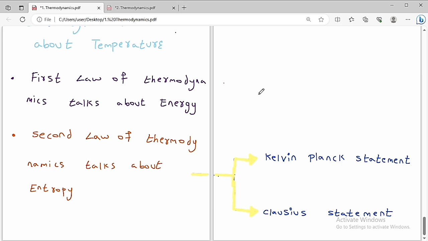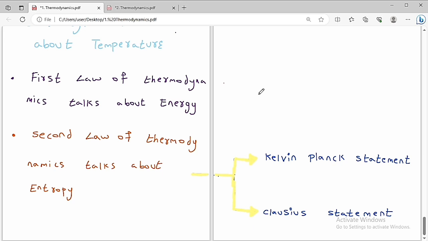Whenever there is a temperature difference between two bodies, only then heat transfer will happen. Naturally, heat transfers from the higher temperature body to the lower temperature body. But if you want to transfer heat from the lower temperature body to the higher temperature body, you definitely require some external work or external agency. These are some of the important points regarding the Clausius statement.